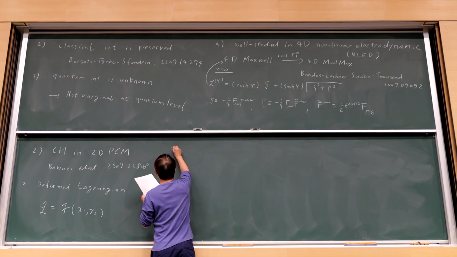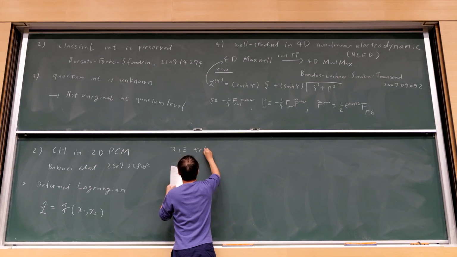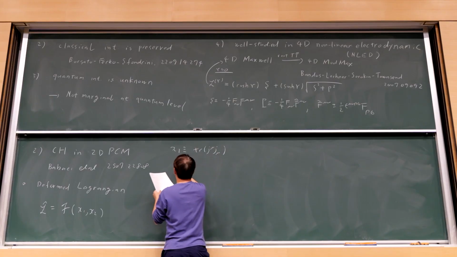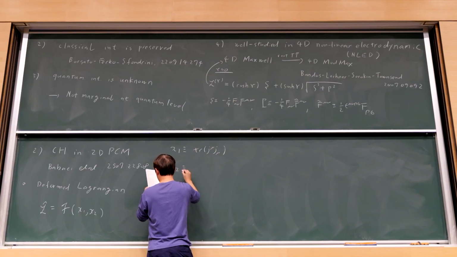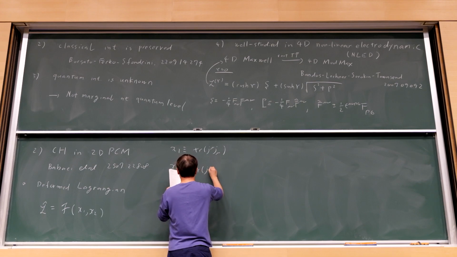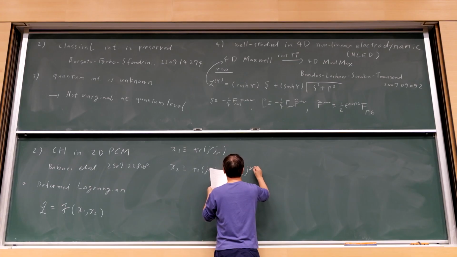And here, I need to define x1. This is a trace of j mu, and x2 is defined by a trace of j mu.